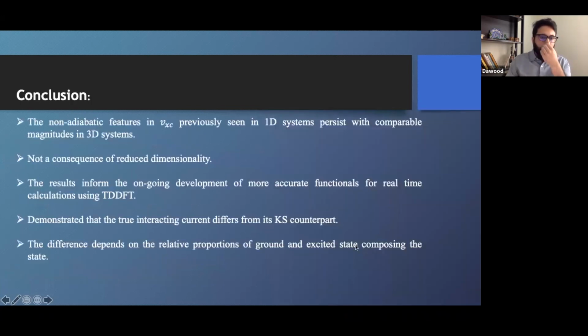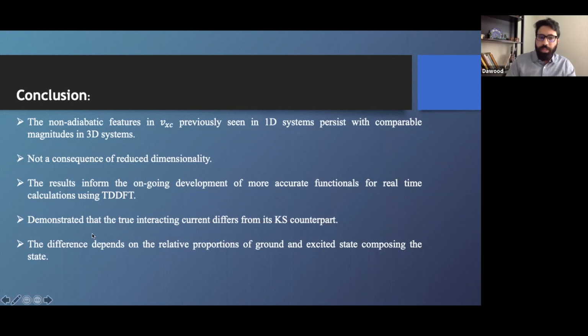So in conclusion, the non-adiabatic features that we saw in the VXC, the exchange-correlation potential, that have been seen in 1D systems previously, appear in real 3D systems with similar, comparable magnitudes and are not just a consequence of reduced dimensionality. These results naturally inform the ongoing development of accurate functionals for real-time calculations using TDDFT.